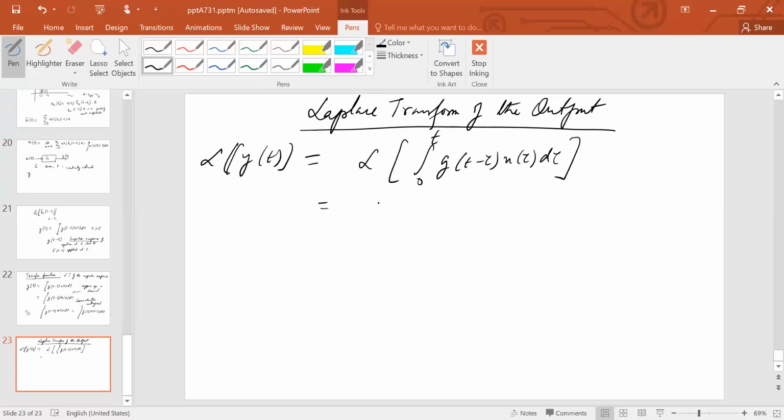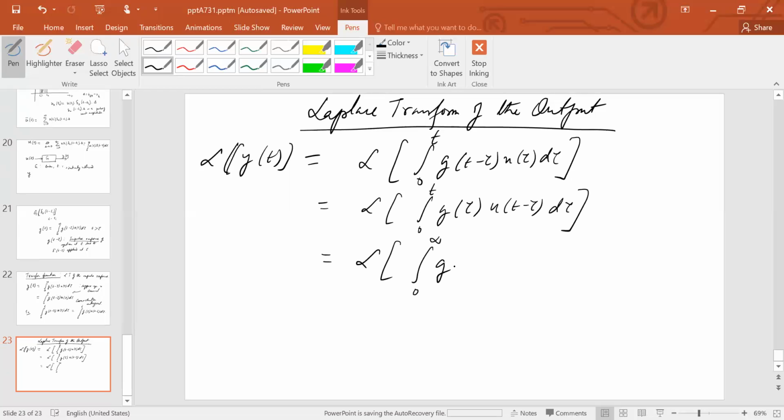And if you have already proved in the previous exercise that I've given you, you would see that it is nothing but the integral of g of tau, u of t minus tau, d tau, all right? And now we can write this as, pay very careful attention to this. We're going to again go back to this. Why? Every time we do some such manipulation, we must ask ourselves why we are allowed to do this.